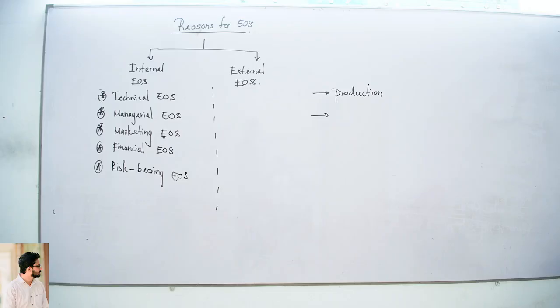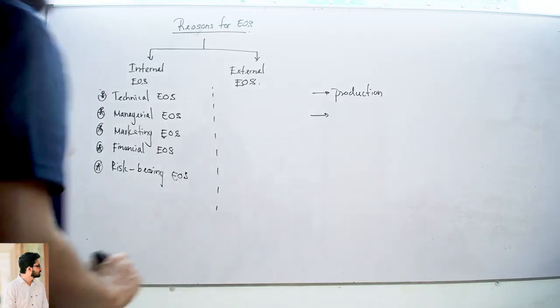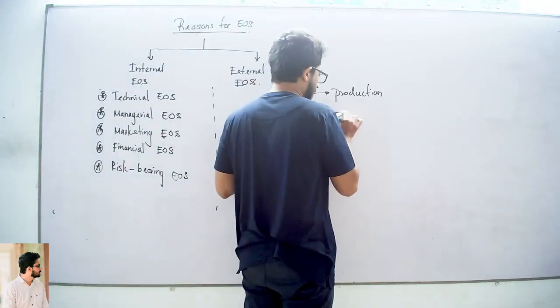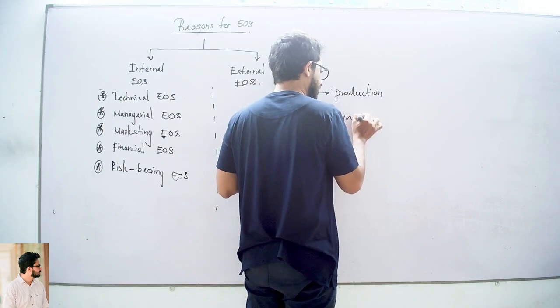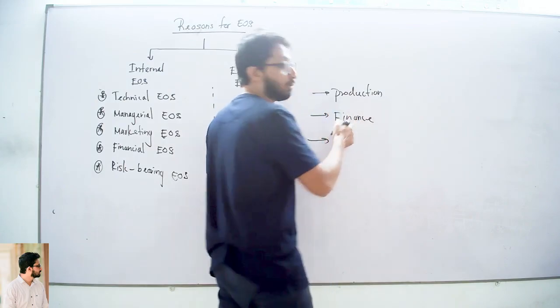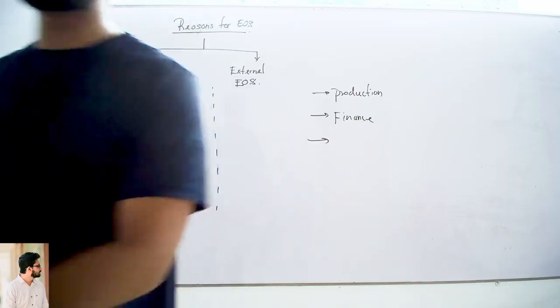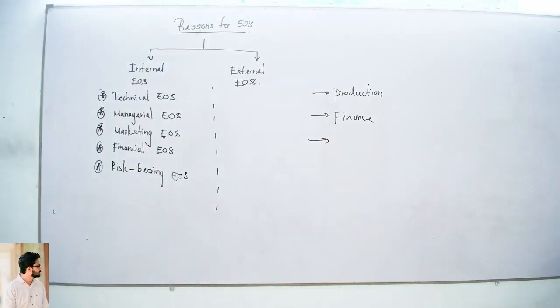What are the main activities they are performing? Every day, what do they do? Finance. Yes, production should be there. Finance should be there. What else? Managing borrowings and investment. Finance, yes. Marketing should be there. Marketing activity.